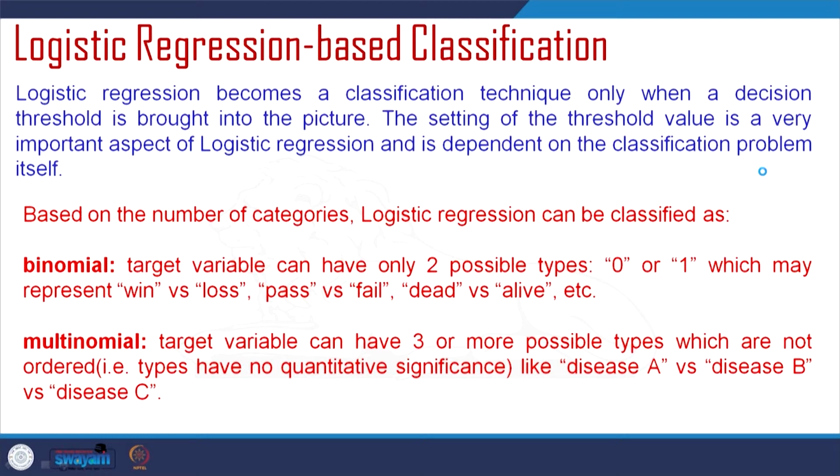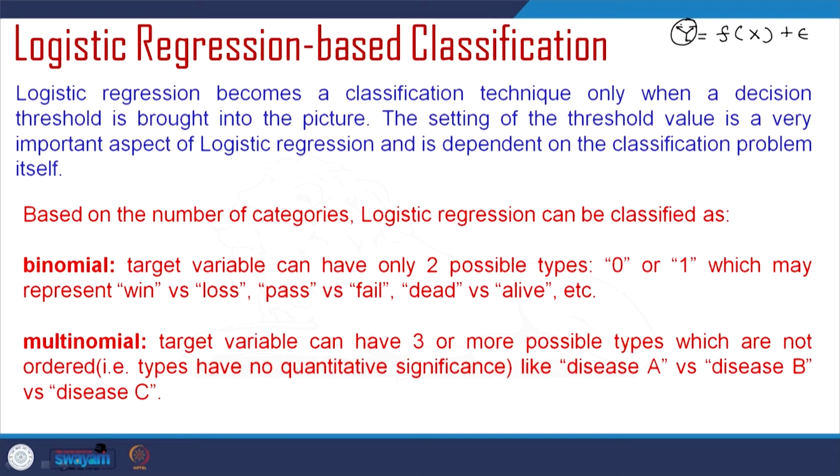It becomes a classification technique only when a decision threshold is brought into the picture, because like linear regression we will use the same kind of thing: y is a function of independent variables x plus some noise. But here, due to the sigmoid, y will be between 0 and 1, unlike linear regression.